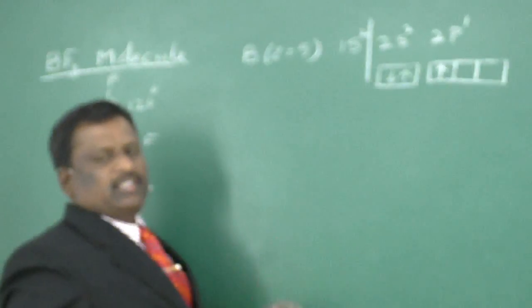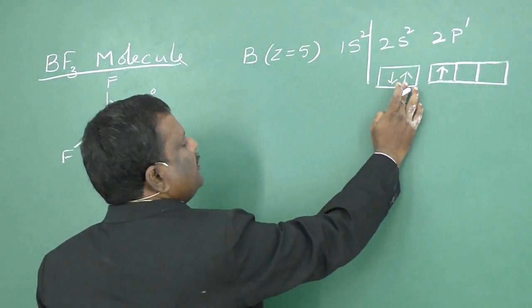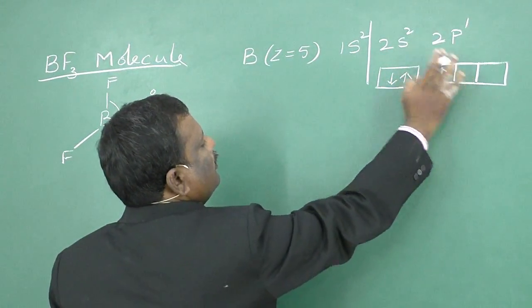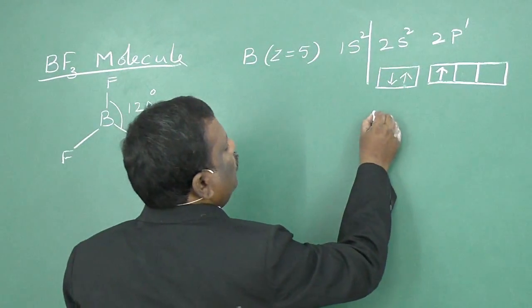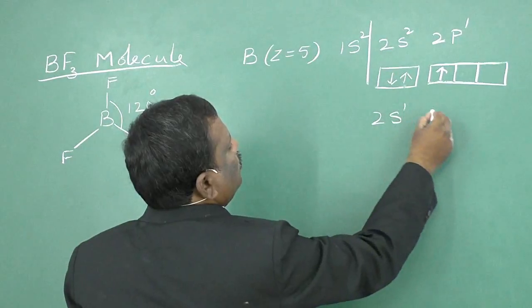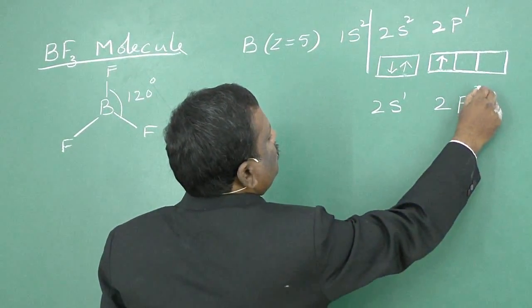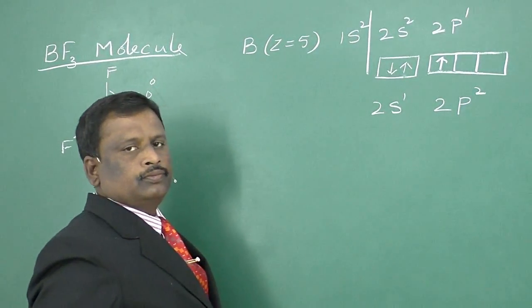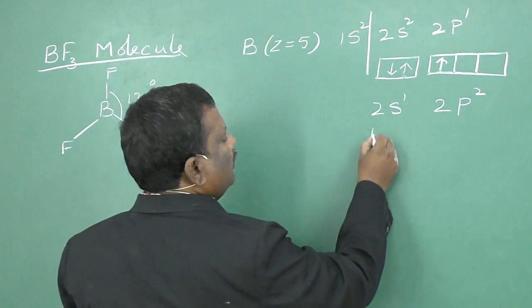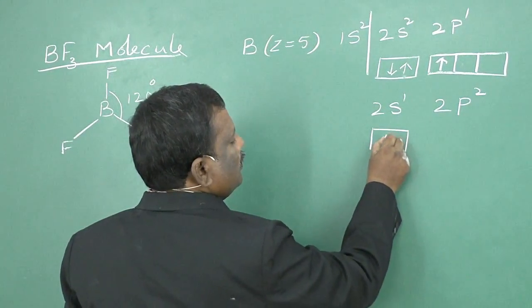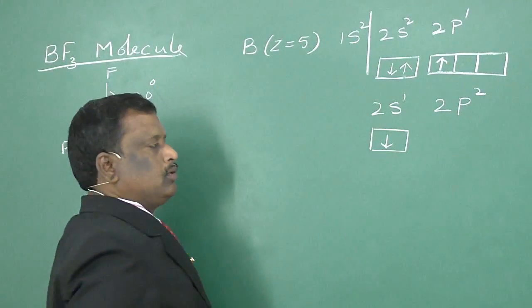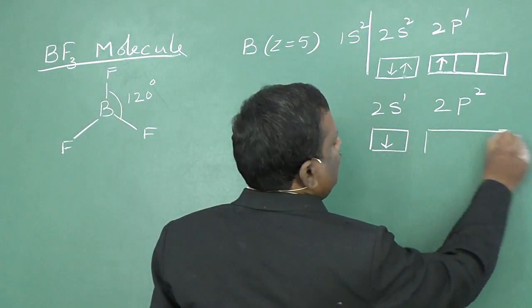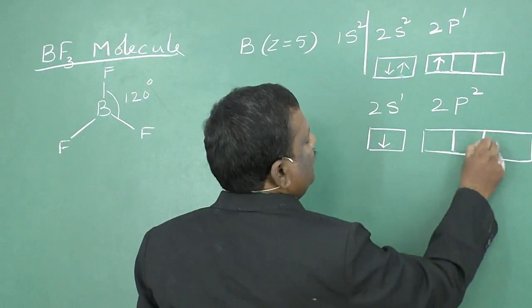In the excited state, the electron that was present in the 2s orbital will move to the 2p orbital, so that the electronic configuration of boron is found to be 2s1, 2p2. That is, in the valency shell of boron, we have one half-filled 2s orbital and 2 half-filled p orbitals.